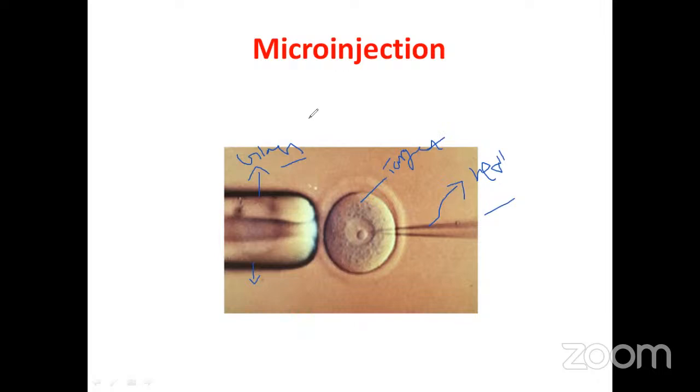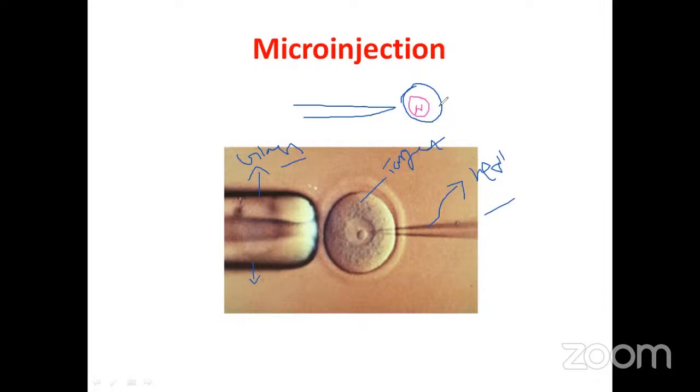So in this method, two instruments are mainly used: the glass micropipette injection, and the target cell, mostly without a cell wall, from which we are taking the cytoplasm or nucleus.